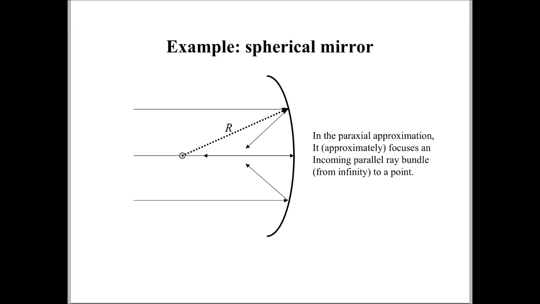So what happens is that in this situation, when you have a spherical surface, all parallel beams, when they hit the spherical surface, will be focused to a common point which is located somewhere on the optical axis.